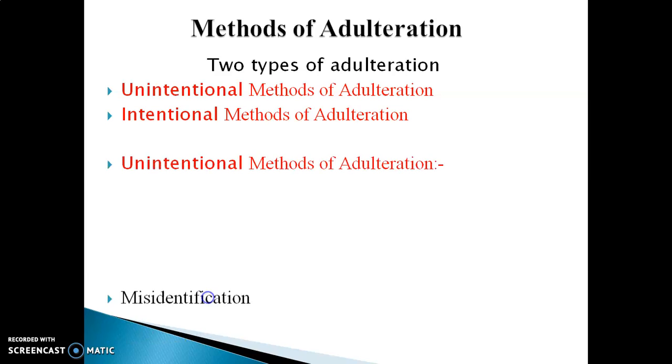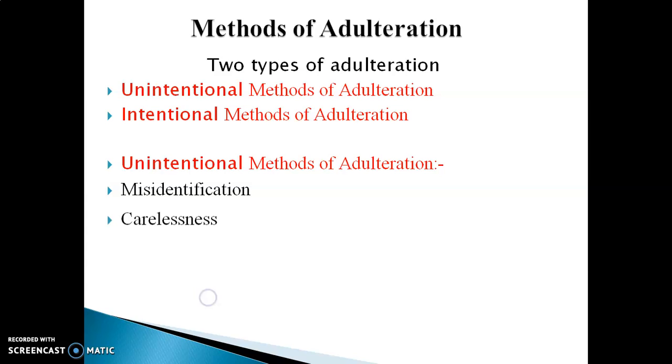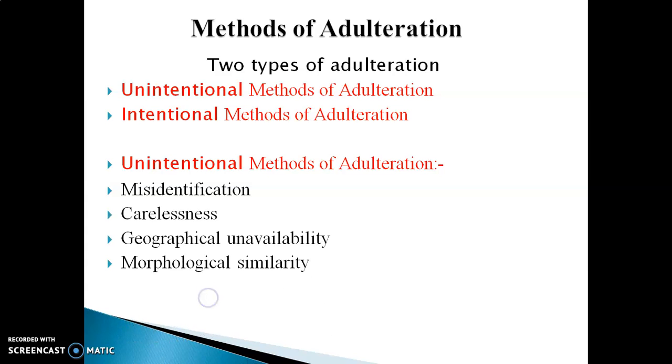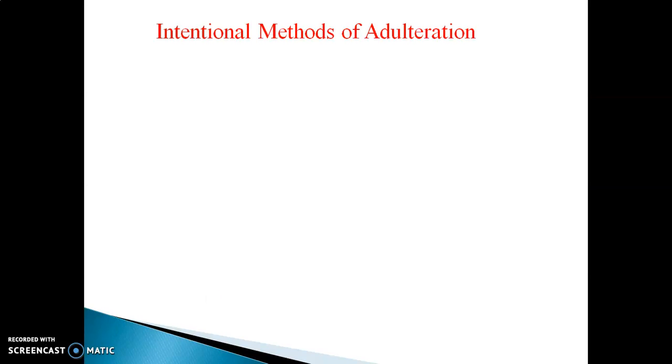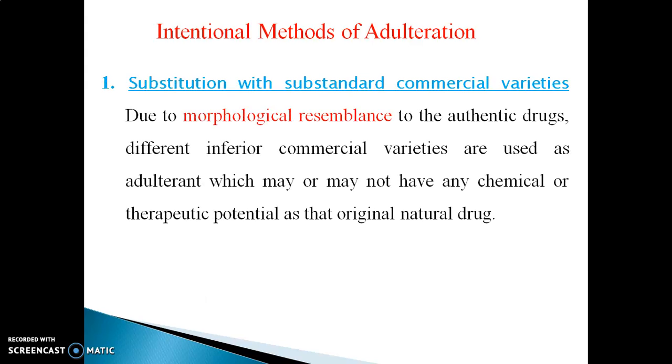Unintentional methods include misidentification, carelessness, geographical unavailability and morphological similarities. While intentional methods include different types, so we will start one by one.